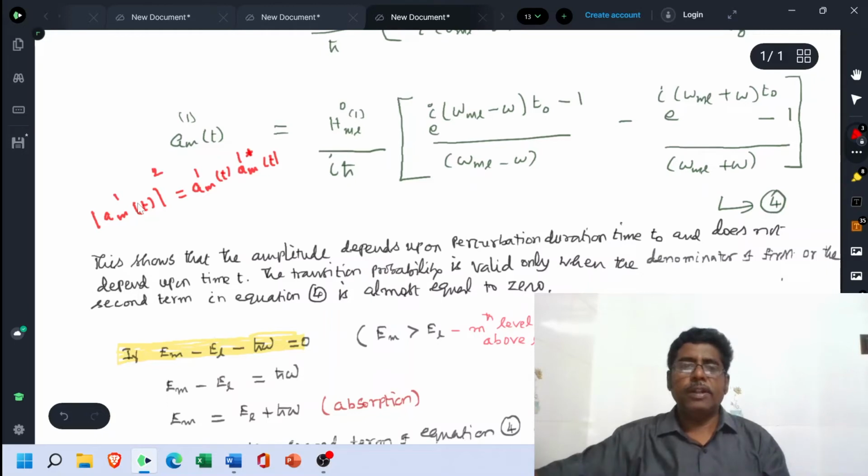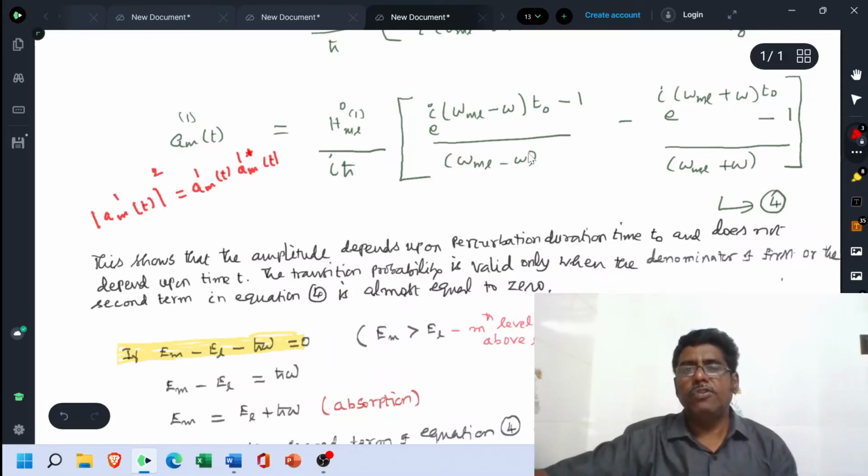To calculate the transition probability, we should assume the denominator of the first term or the denominator of the second term is equal to 0.